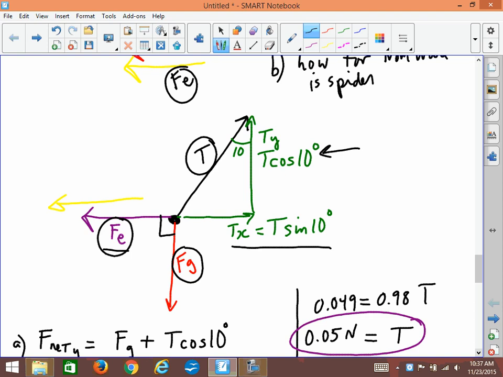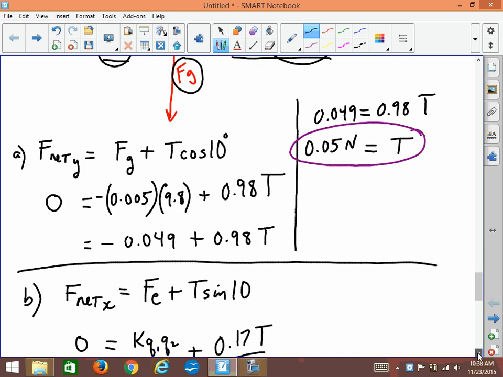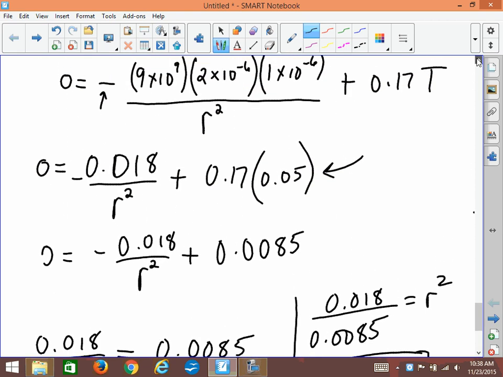We resolved the tension force into its components, which is what we would have done before, so nothing new there. Then we set about doing two equations, F net y, which is here, which allowed us to calculate the tension, which is here, in the spider web. Then we went to F net x, and this is the one where the electrical force came into play.